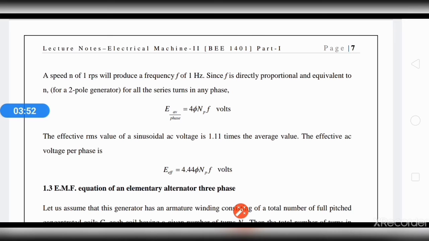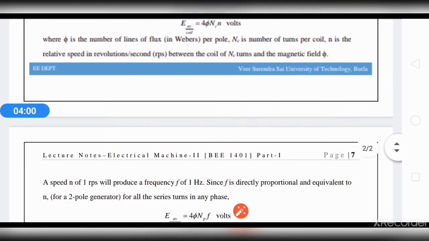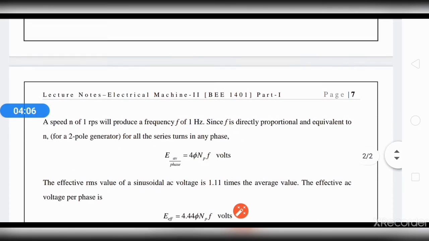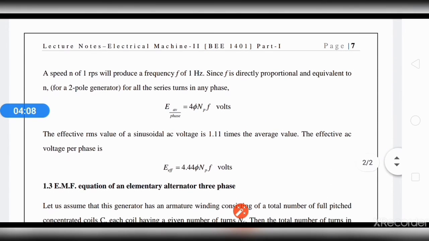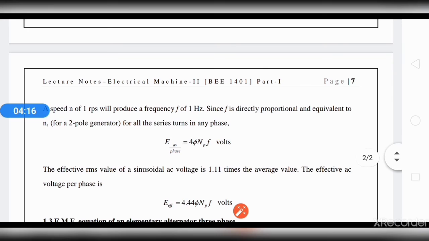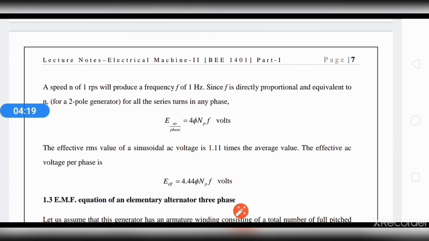Since f is directly proportional to N, we can replace N by frequency, and the equation now becomes 4 phi Np into f, where Np is the number of coils multiplied by the number of turns in each coil, and f is the frequency of the revolution.